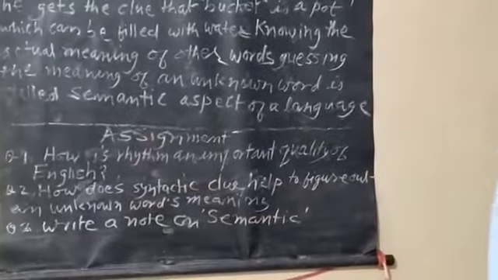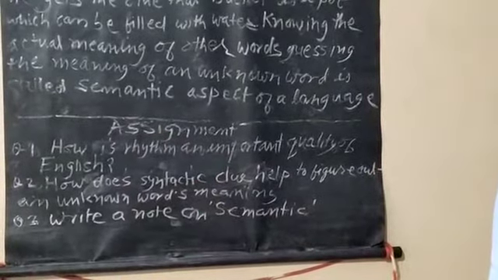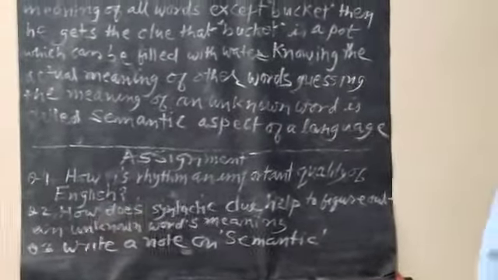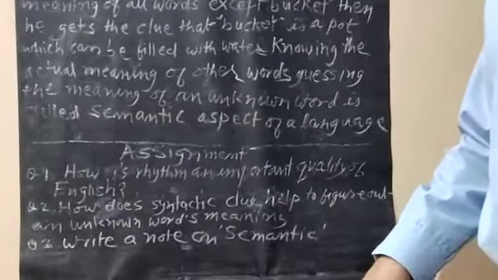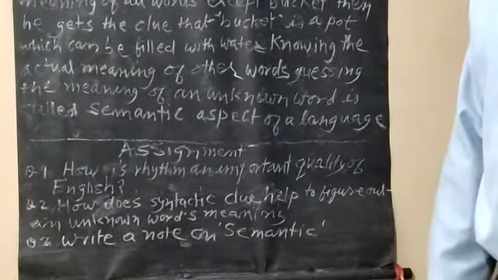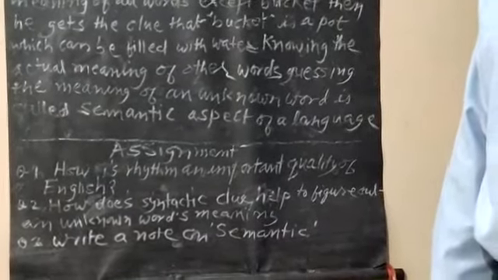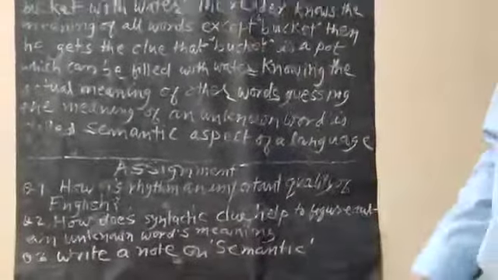So syntactic means grammatical rules. The sentence is made of grammatical rules. So knowing the place of the word, a reader can know what may be the meaning of the unknown word, whether it is subject or verb or object.